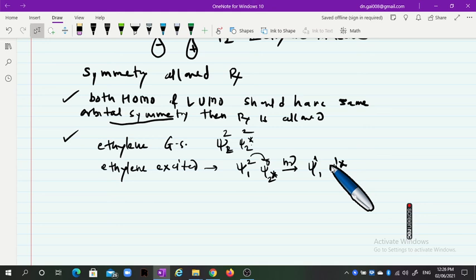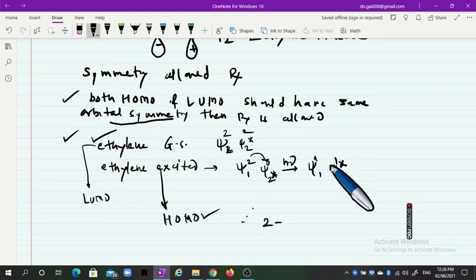Therefore we always consider the lowest unoccupied molecular orbital from the ground state ethylene molecule, and from the excited state ethylene we consider the highest occupied molecular orbital, and try to find out whether the reaction is allowed or disallowed.